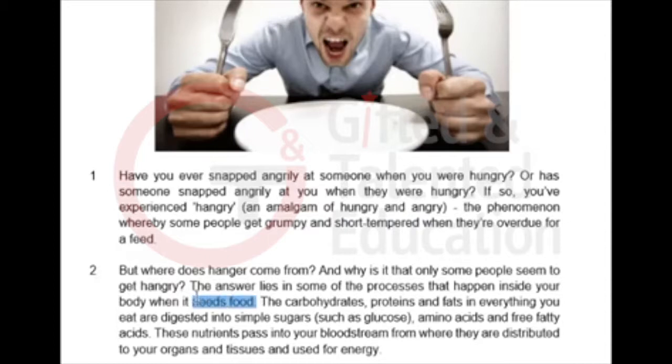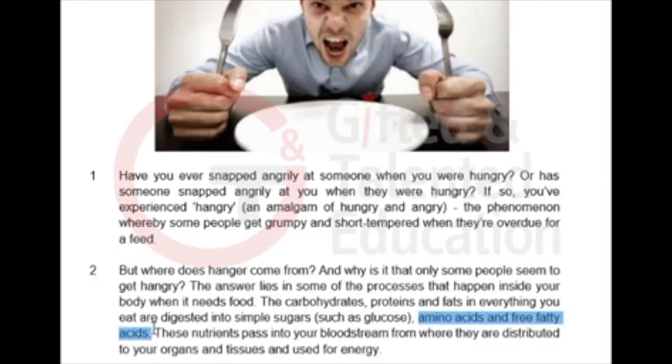Our body needs food. Now, what kind of food? Here, we have carbohydrates, proteins, and fats. These are the different classes of food that we can find in the foods that we consume, which are digested into simple forms such as glucose, amino acids, and free fatty acids.